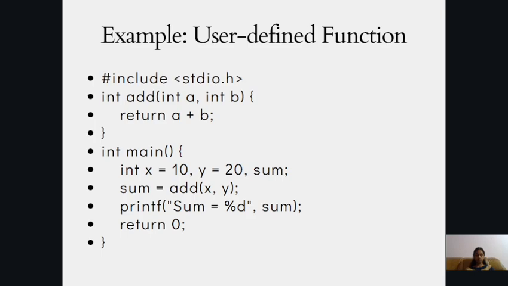The function add takes two integers, adds them, and returns the result to main. First we assign x and y values, and then the sum is calculated, and the output is printed as sum is equal to %d.